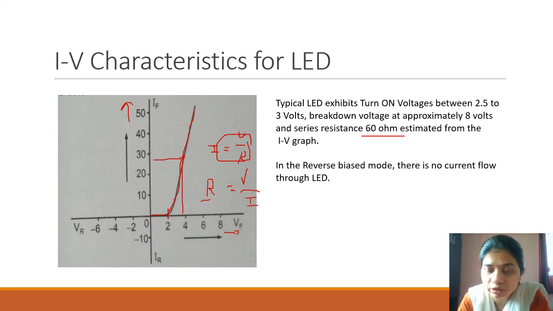In the reverse bias mode, there is no current through the LED, as I have discussed. So this is all about the IV characteristics for an LED.